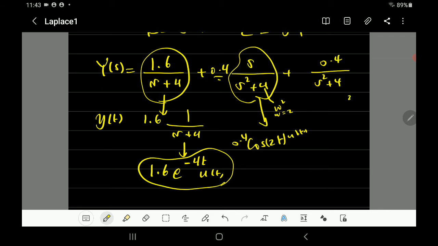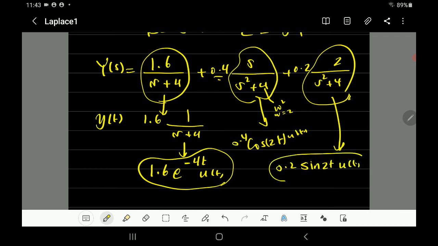And for the last term, since omega is equal to 2, you should have 2 here. So what should you do? You put 2 here, and here you put 0.2, so that will be the equivalent. So this is a sine 2t, omega t, u(t), with the constant 0.2. That's the third term.